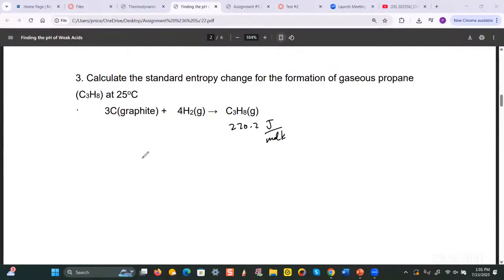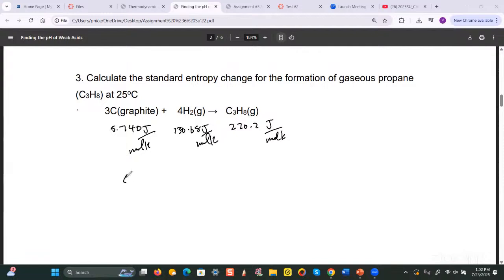In the case of graphite, it's 5.740 joules per mole Kelvin. And in the case of hydrogen, it's 130.68 joules per mole Kelvin.